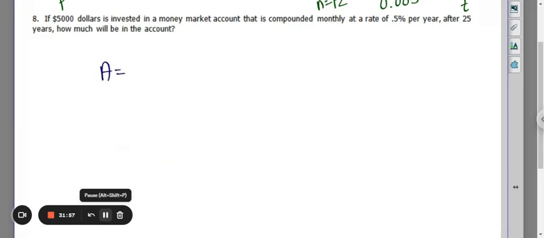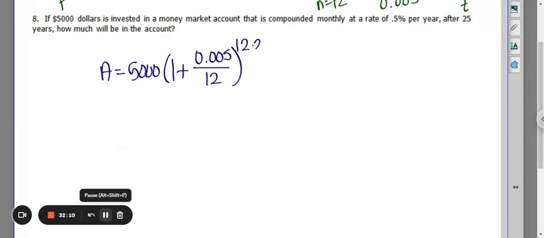So A equals 5,000 times 1 plus the rate divided by 12. And then on our exponent, 12 times 25. Now again, we're assuming they set up this account and they don't add any more money to it.